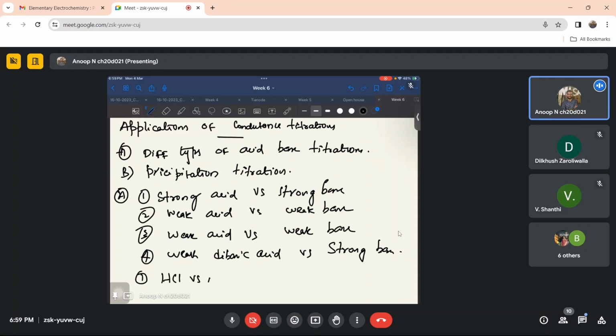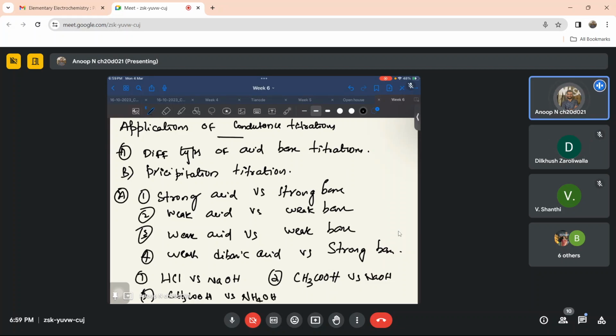HCl versus NaOH. So second case, weak acid versus strong base: acetic acid is a weak acid versus sodium hydroxide. What will be the case of weak acid versus weak base? You can write CH3COOH acetic acid versus ammonium hydroxide.